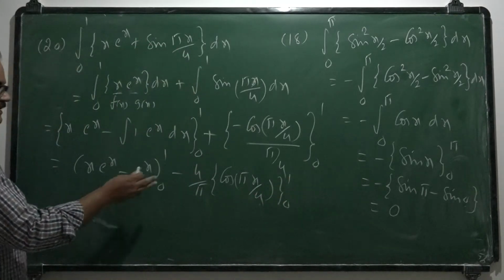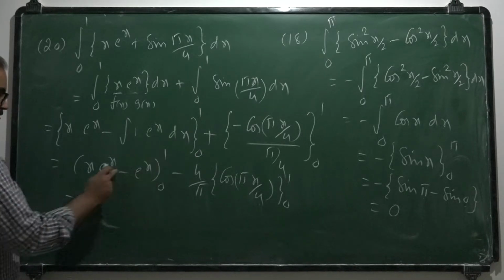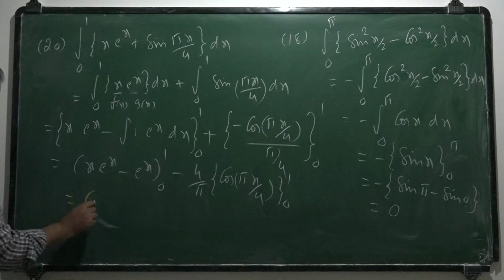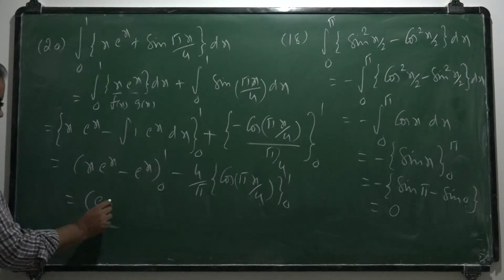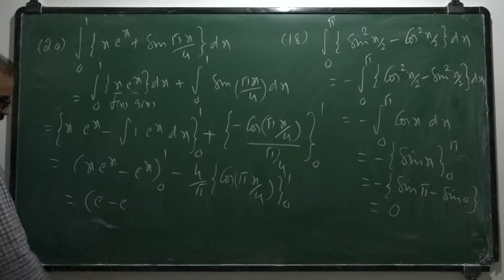Now integration is completed. Apply the limits. First we put x is equal to 1. We get 1 into e power 1, e, minus e power 1, e.